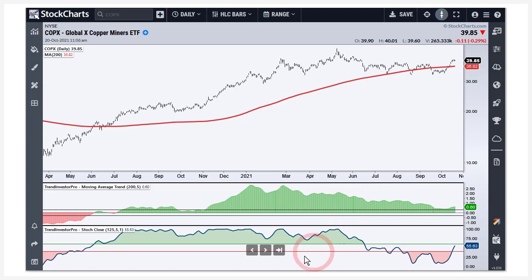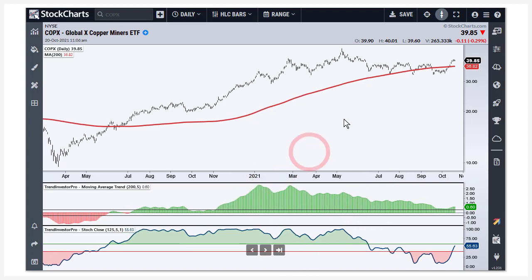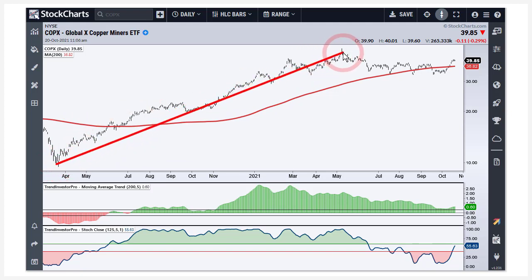So if we look at copper here, like everything else, it had this huge move off of those lows from COVID. You can see here in March 2020, that low was around 10 and it moved above 40. So it was up like 400%. And then it moved down from May until September, October here. So that's a pretty good downtrend.